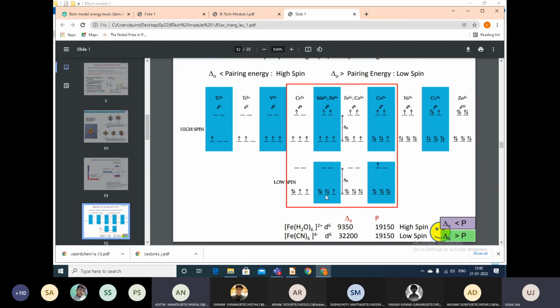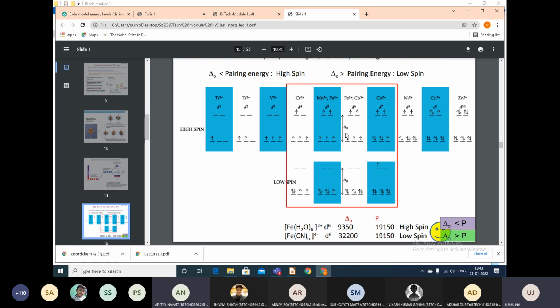Here it becomes a low spin complex because the delta O value is much higher than the value of the pairing energy. So trying to jump up to a higher level required more energy than trying to pair up. So pairing up, the energy required was less, whereas jumping to the higher orbital was much more, because of the ligand. Whichever ligand was present, it was causing the energy level difference to increase.